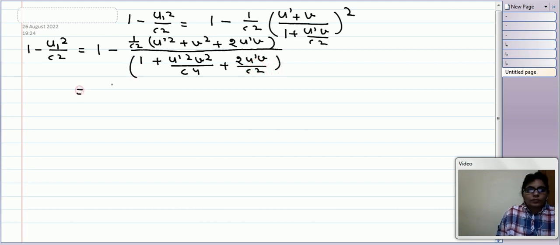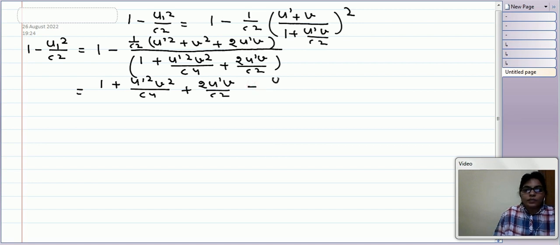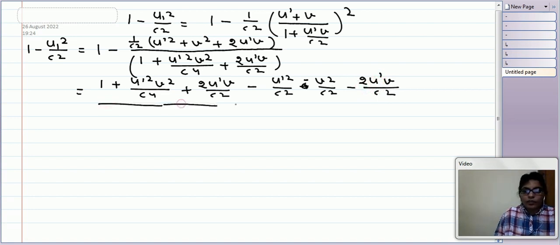So this is equal to, let us take LCM. So it will be 1 plus u dash square v square upon c to the power 4 plus 2u dash v upon c square, all these terms multiplied by 1 minus u dash square by c square plus v square by c square, sorry, it will be minus sign, and then minus 2u dash v by c square, and all this divided by this whole factor.